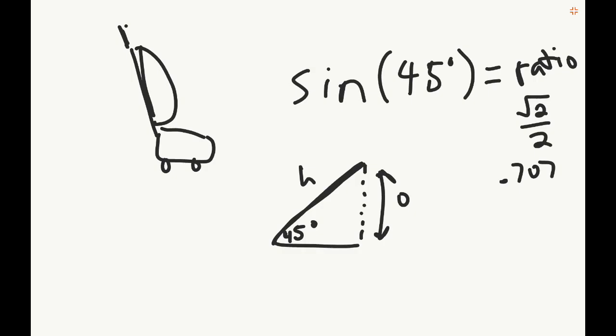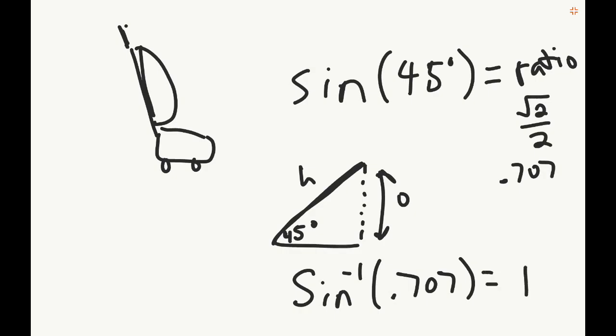There's a different function, the sine inverse, that takes a ratio. I'll tell you what a sine was. I'll tell you that a sine was maybe, let's say, 0.707. And I'm asking you the question, what is the angle that gave me that? And the answer here, 45 degrees.